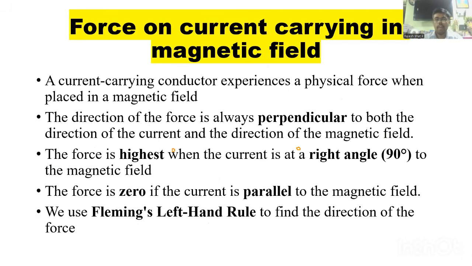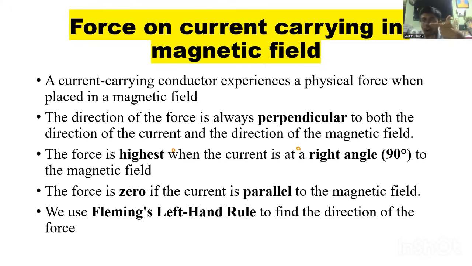Next, some very important points regarding this. Firstly, the current carrying conductor will experience a physical force when placed in a magnetic field. This you understood. Second one, very important: the direction of force is always perpendicular to both the direction of current and magnetic field. That is why, very simple, anything they will ask, Fleming's left hand rule, you will tell the statement.